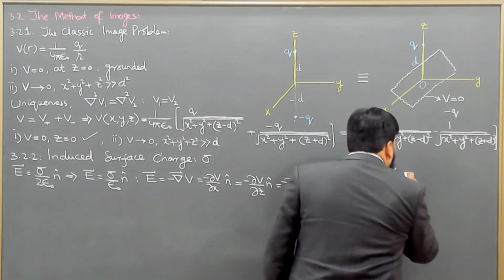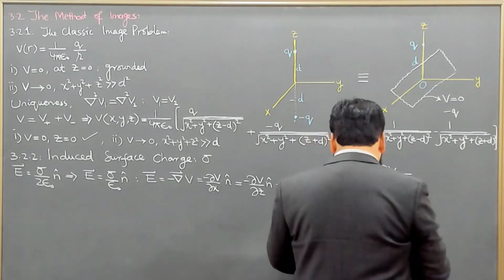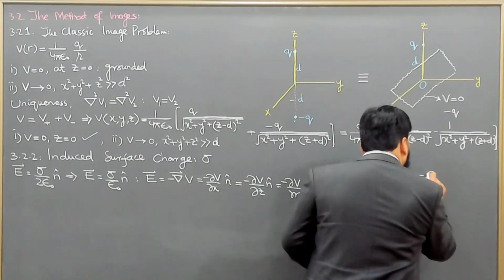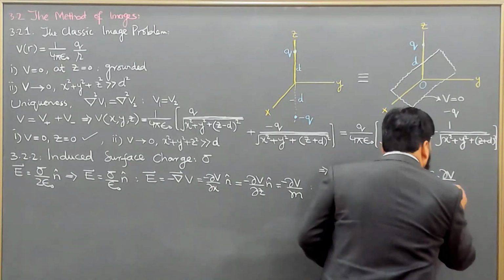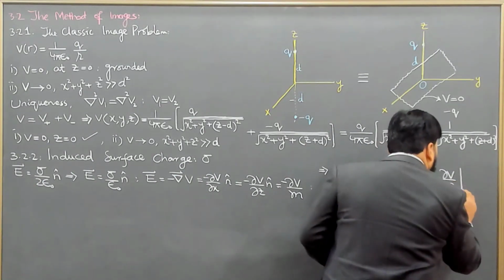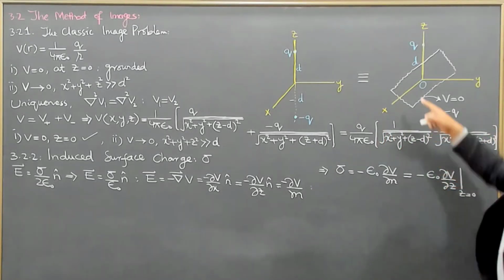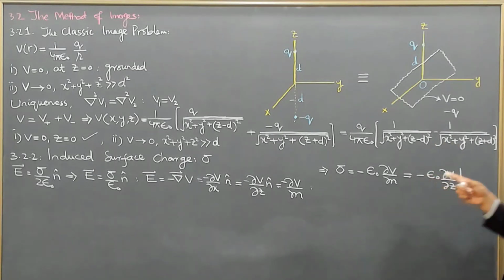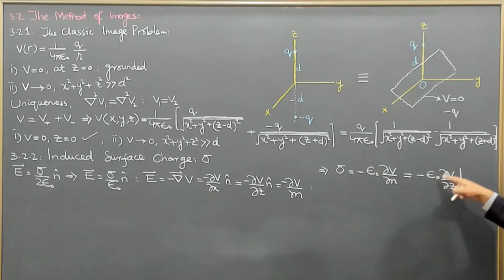In terms of the z axis, this is basically minus epsilon naught times curly V over curly z, at z equal to 0, because this sheet is at z equal to 0. So the induced charge is basically residing on the sheet: minus epsilon naught curly V over curly z at z equal to 0.